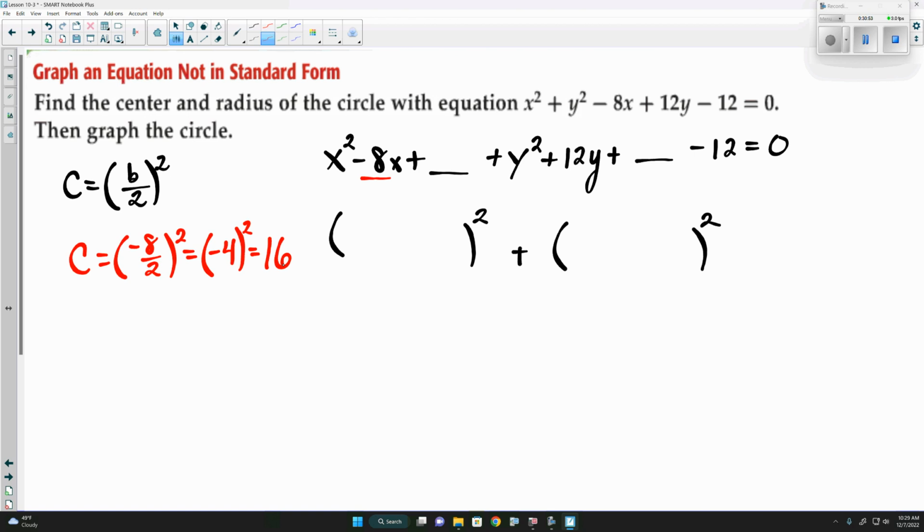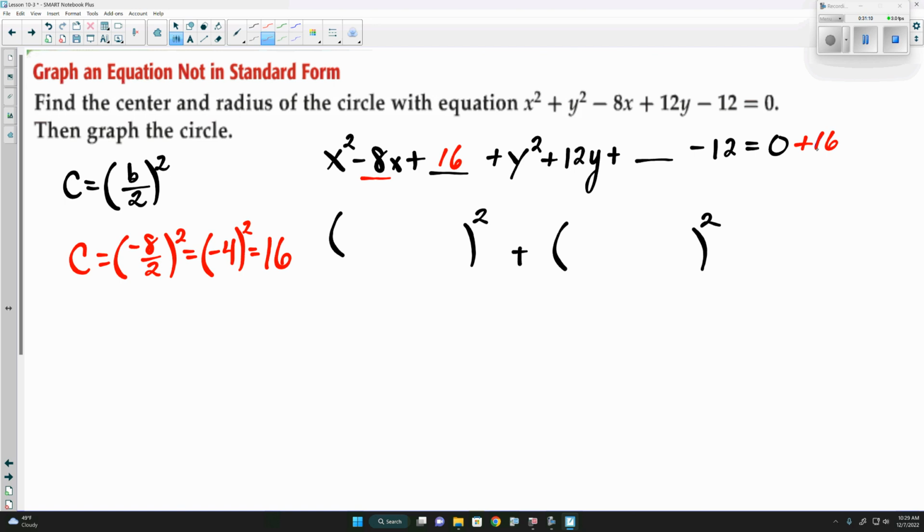So we'll add it in here, plus 16. But if I add something to one side, I have to add it to the other. So we put the blank in there so that we have this here.